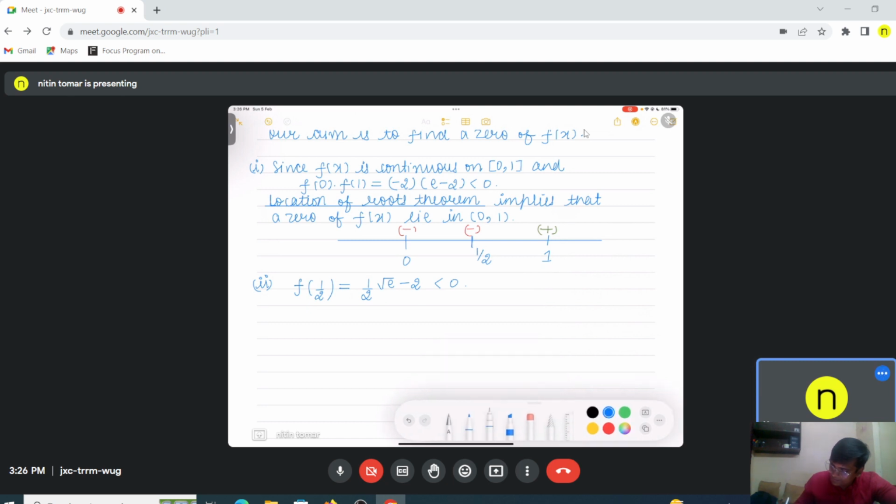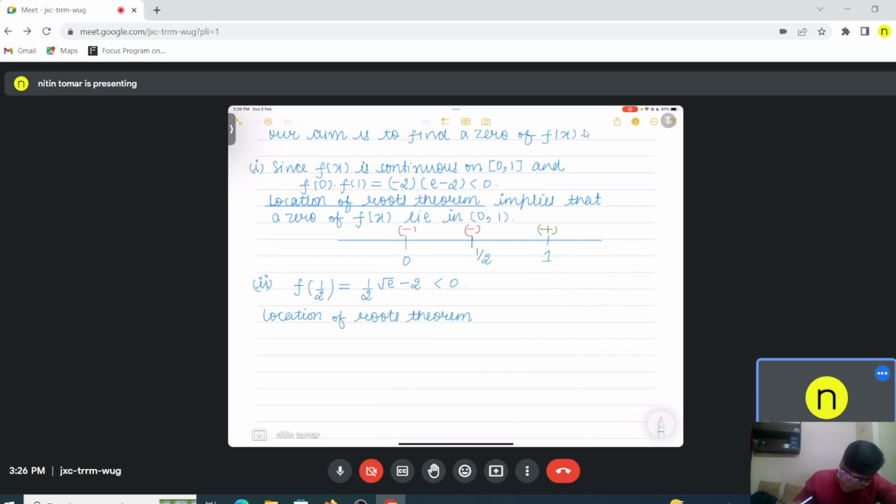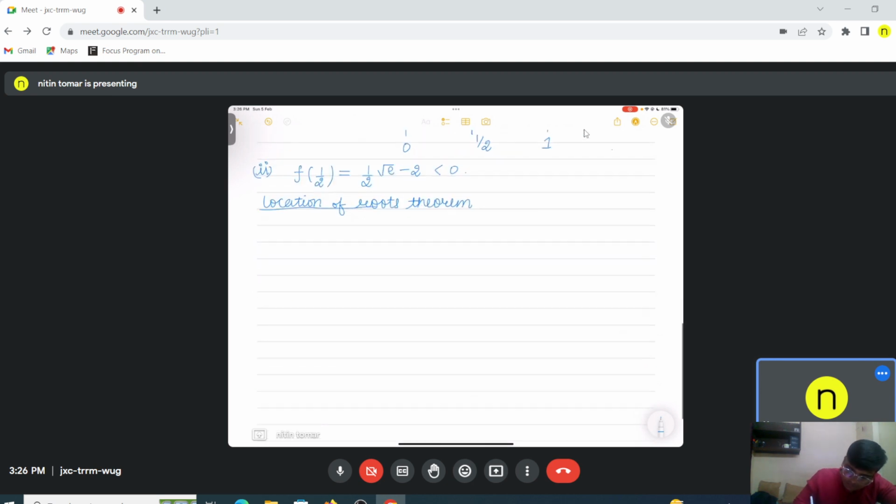Again, the location of roots theorem implies that a zero or root of f of x lies in half to 1.